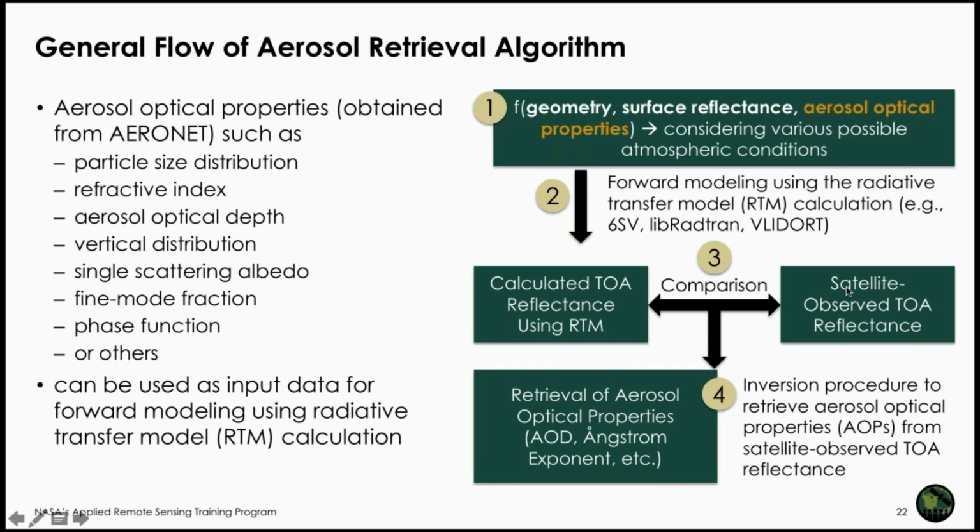And we also have the observed TOA reflectance, top of atmosphere reflectance, from the satellite measurement. Then we can compare the two top of atmosphere reflectances. The final step is finding the best condition which makes the least difference between them. Then we can get aerosol optical properties such as AOD.